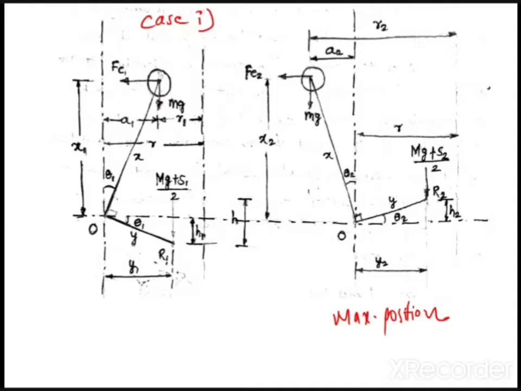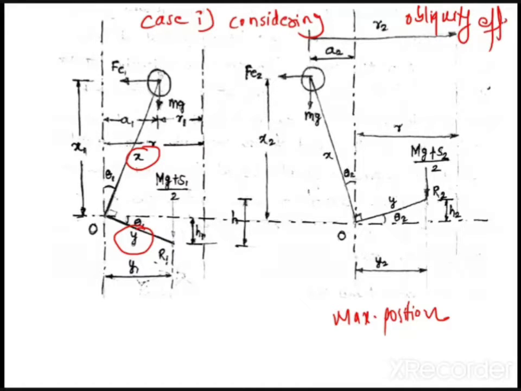What was the case number one? What is this X? X is nothing but the length of the vertical arm, right? And what is Y? Length of the horizontal arm. So in case number one we were considering the obligatory effect.